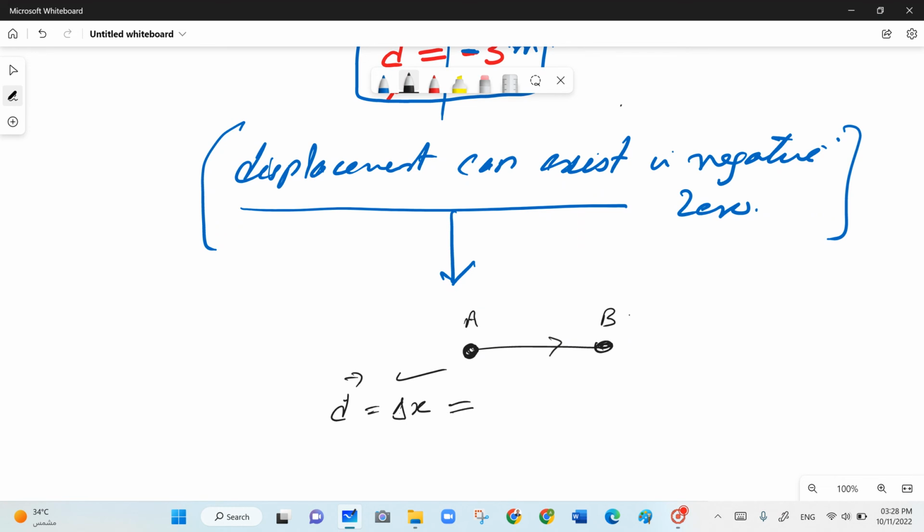If I'm taking the x notation, I can say this is x1 and this is x2. Or another notation used in different textbooks is xi for the initial position and xf for the final position.